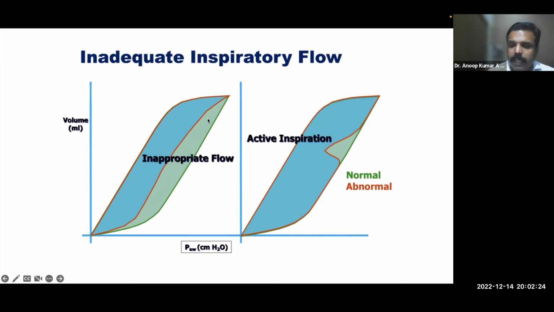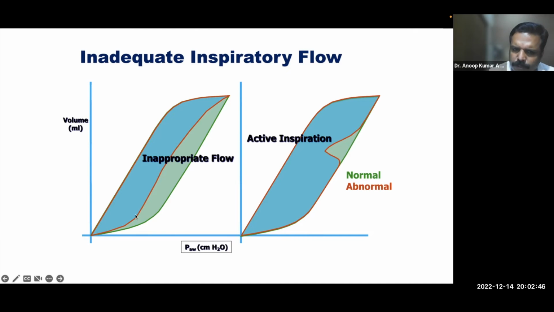The same thing can happen if the compliance is limited, and we'll come to that later. But the reason may be inappropriate flow, or the patient having active inspiratory efforts during the same inspiratory phase, which can also be shown as a deflection here. So this is an active inspiratory effort and this is an inappropriate flow.